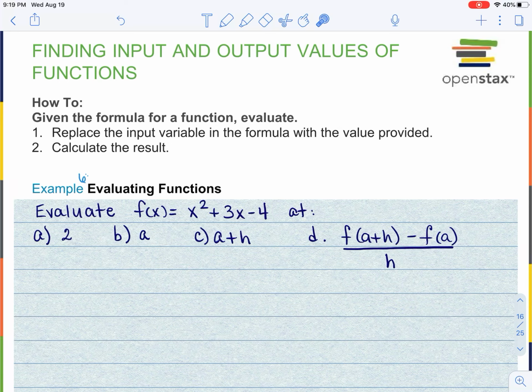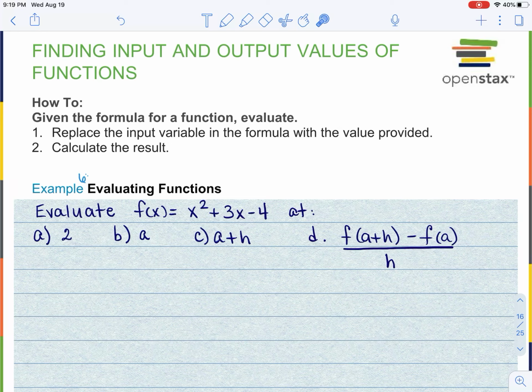Given the formula for a function, we can list functions as an expression attached with an equal sign. So basically kind of like an equation format. And when they say evaluate, they will give you a value that they want you to evaluate the function at.